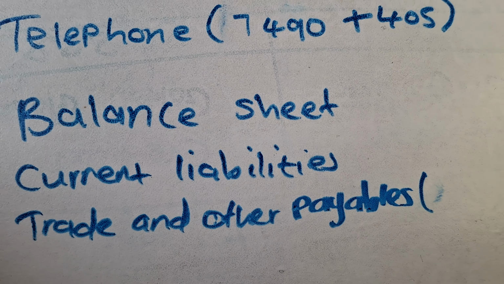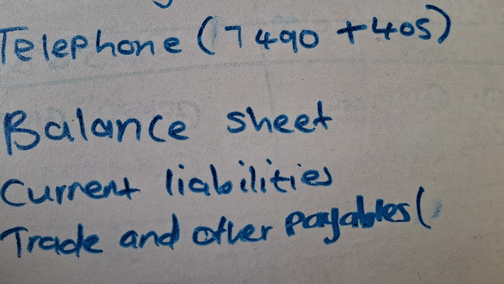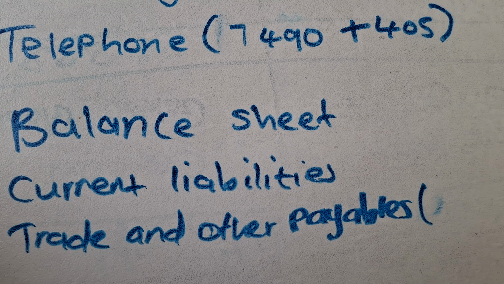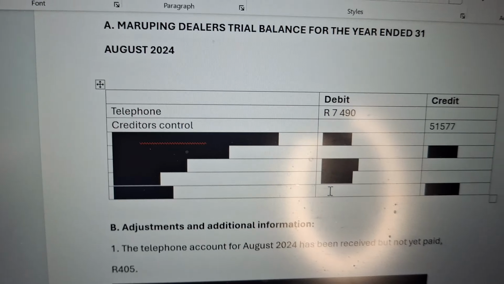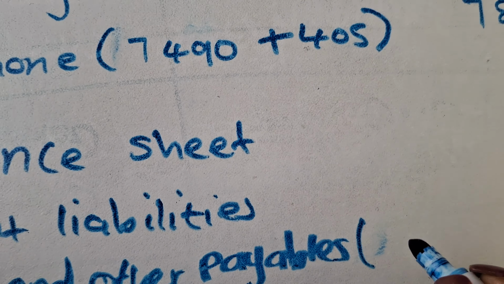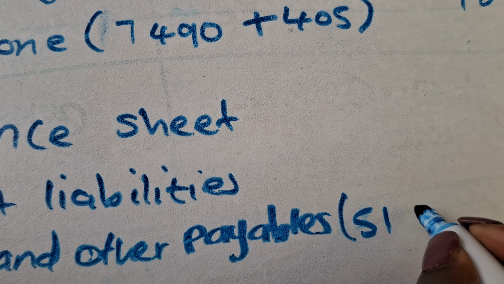Because you are given the amount for creditors control, they've given us creditors control as 51,577. So we'll start with the creditors control as 51,577.